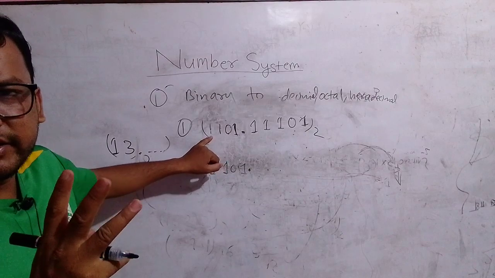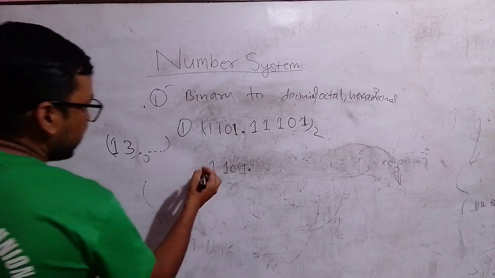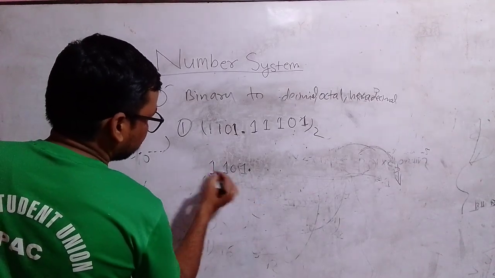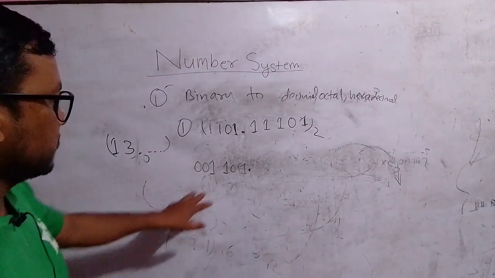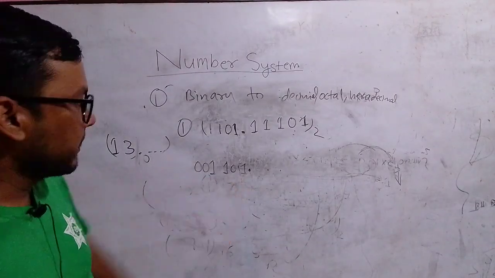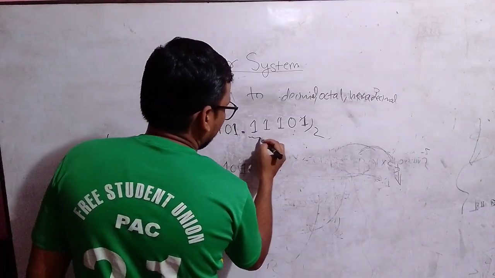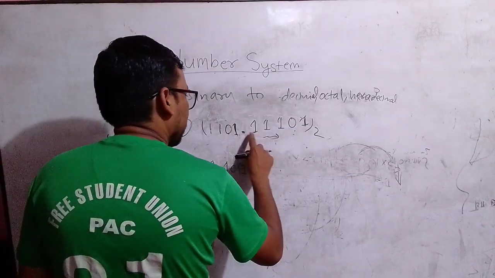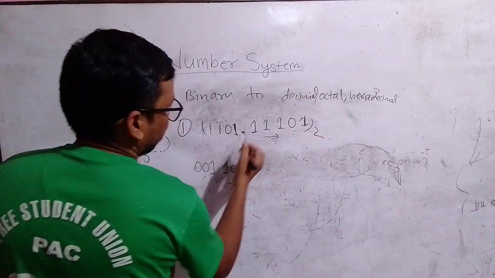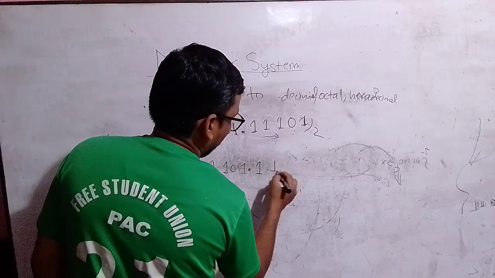We need 3 digits to make a group, so for the integer number, we can append any number of 0s to the left hand side. That means 2 groups are formed here. For the fractional number also, we begin formation of groups from the dot to the right hand side. Now, the first 3 digits are 1, 1, 1.